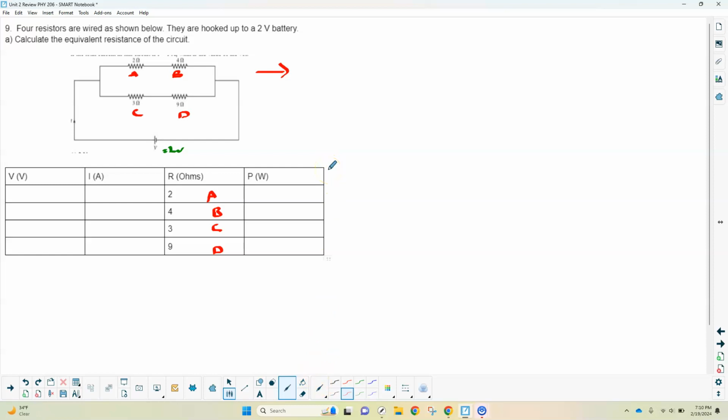So to find the equivalent resistance, you need to kind of combine resistors. Or I'm speaking incorrectly. Let me start over again. Sorry.